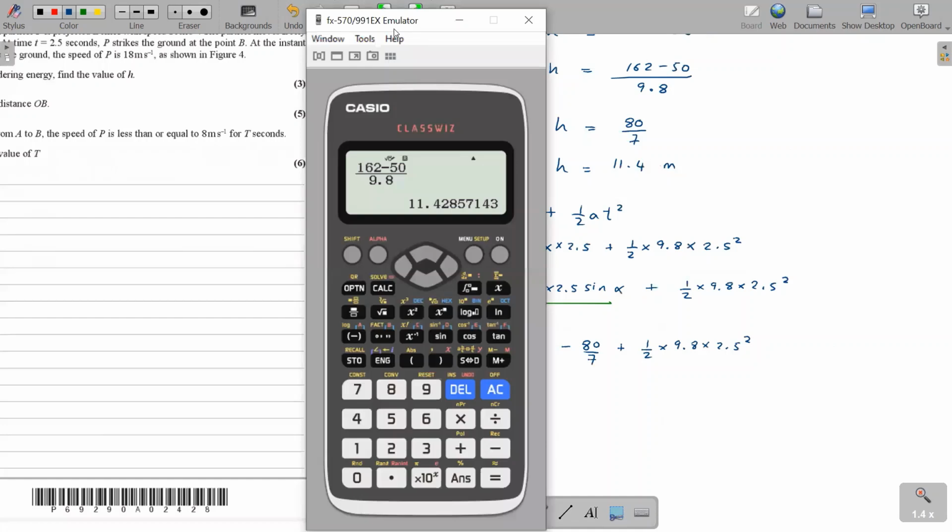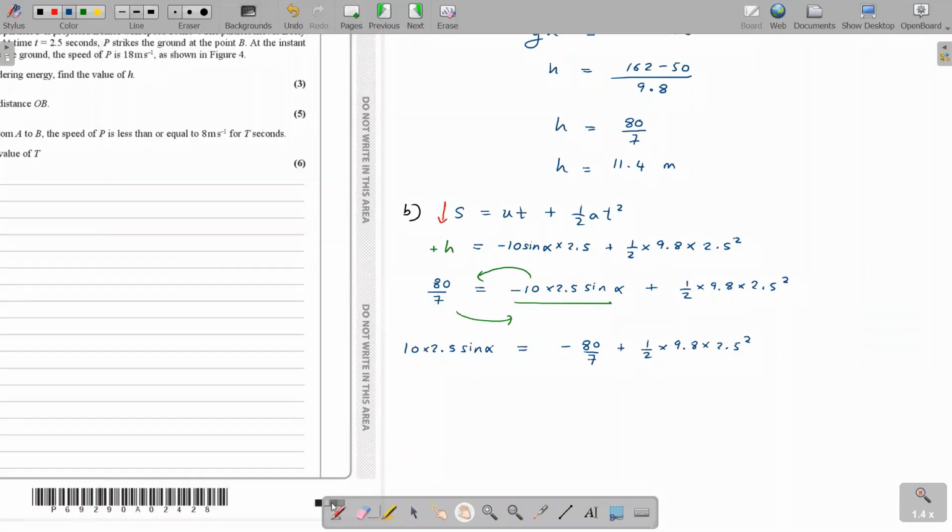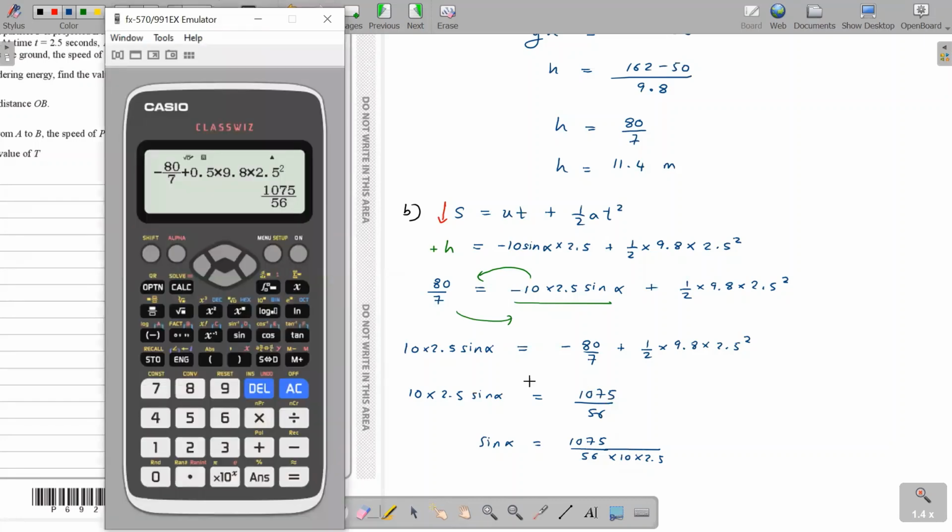So we'll type here: minus 80/7 plus half into 9.8 into 2.5 squared, and I get 1075/56. Making sin alpha the subject, the 10 and 2.5 will come down, so this answer will be divided by 10 times 2.5.